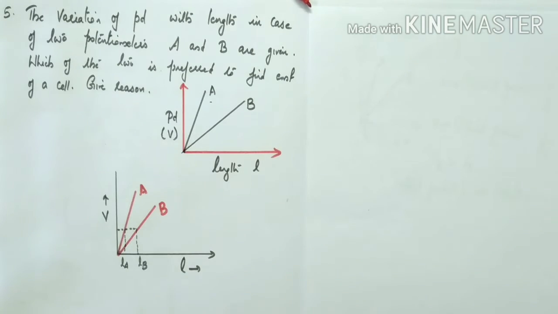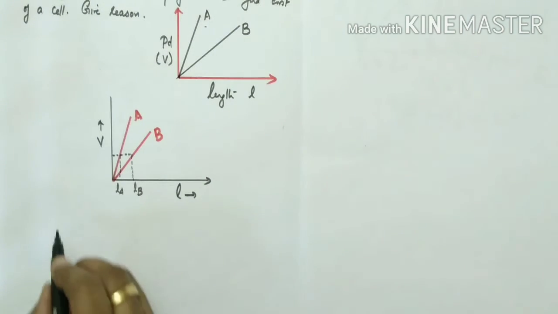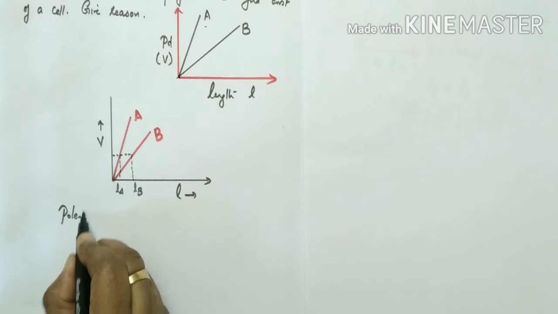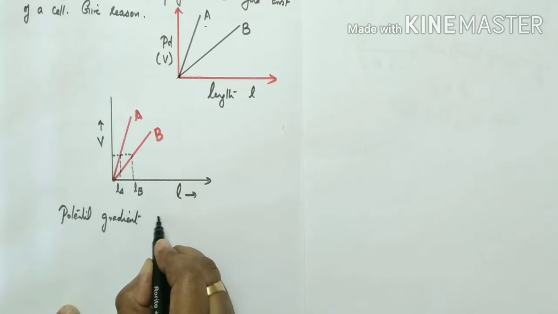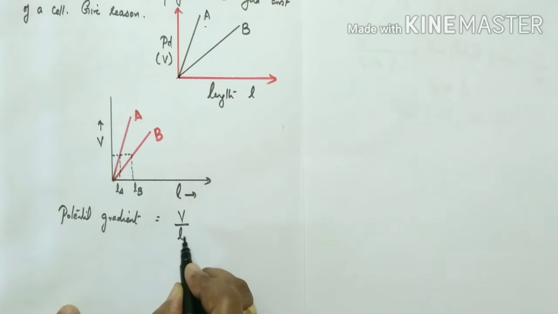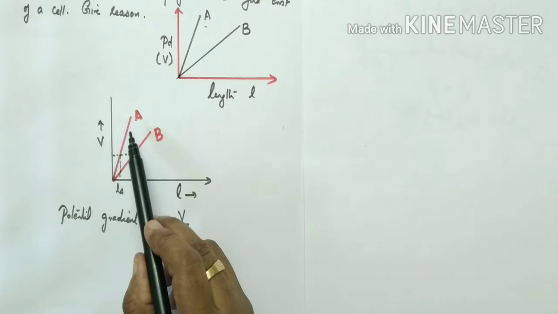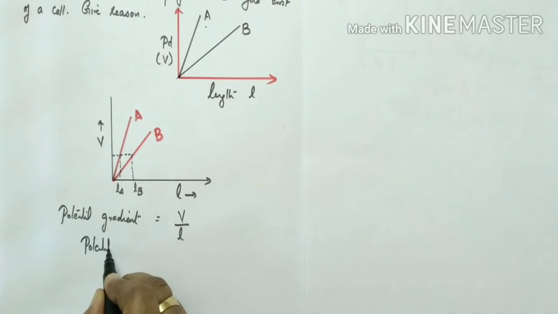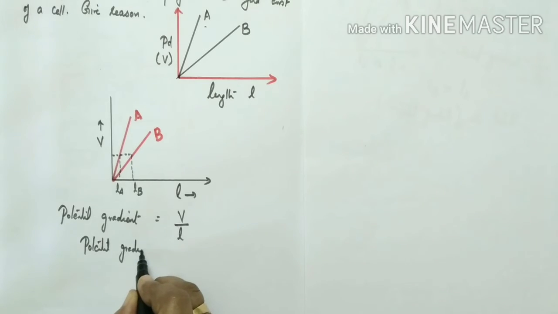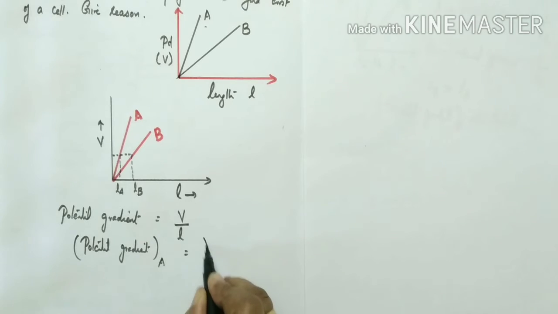Okay. Now we have potential gradient. We know the potential gradient of a potentiometer is equal to potential drop by length, potential difference divided by length. So the potential gradient of A can be written as potential difference divided by length LA.